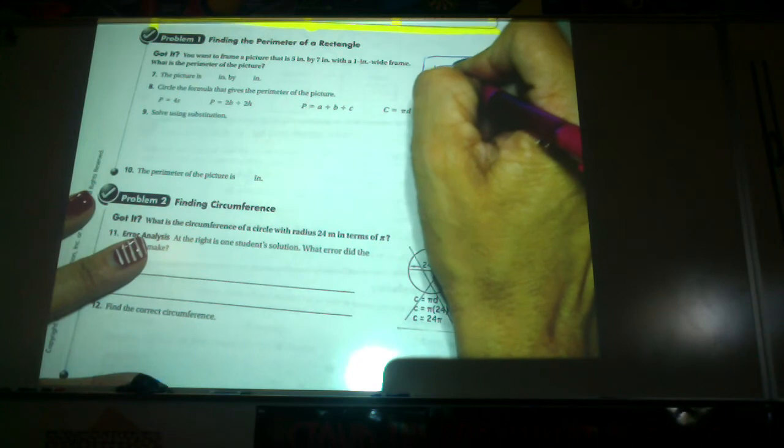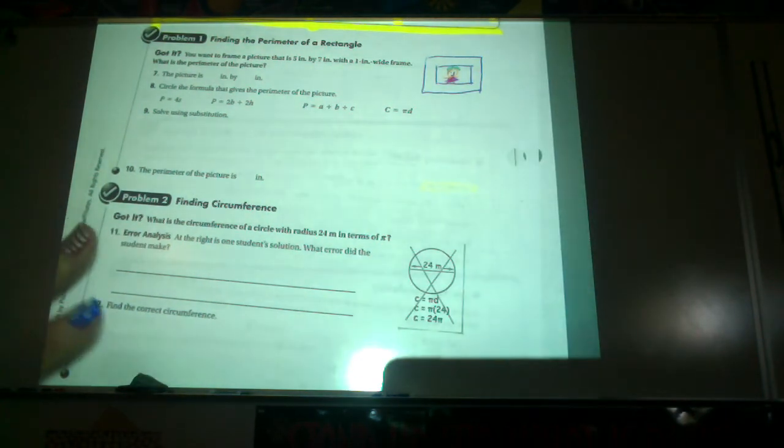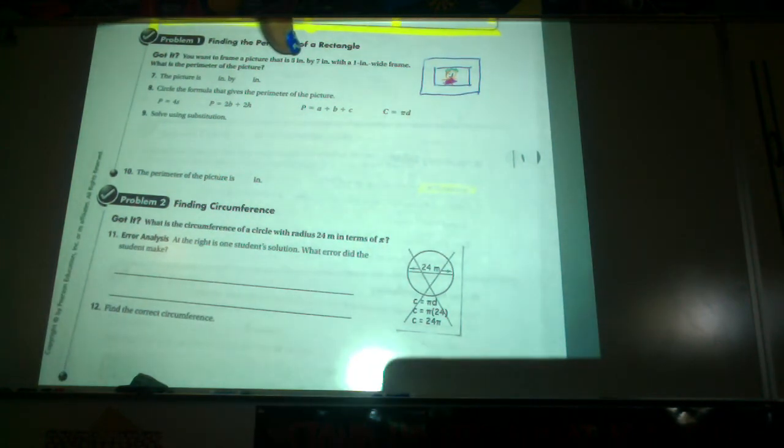There's me with green hair in the picture. All right, so the picture is 5 by 7. So this right here is 5, and this right here is 7 inches. But the frame itself, all the way around here, is 1 inch.